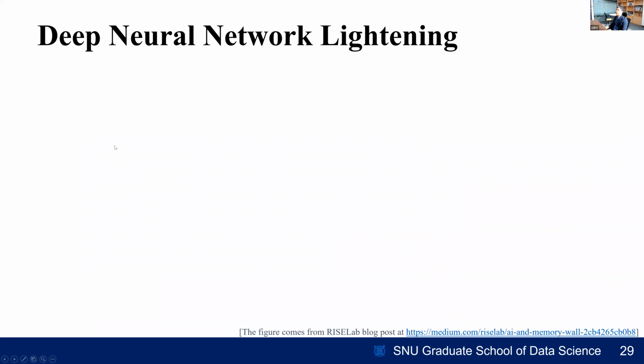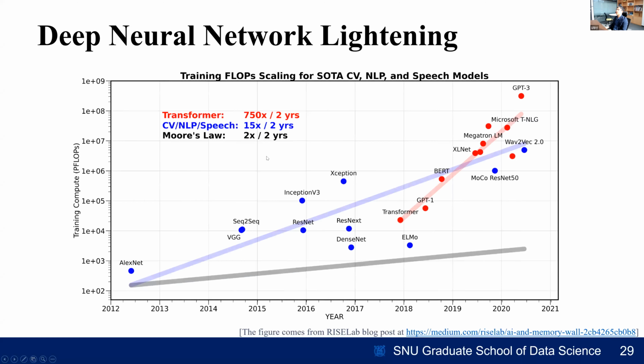Another area is deep neural network lightening. This is an interesting figure. As shown in this figure, state-of-the-art deep learning models are getting bigger and bigger rapidly. If you see this transformer example, the training burden for transformer models increases 750 times in 2 years, which is huge, gigantic, right? This is too much, maybe.